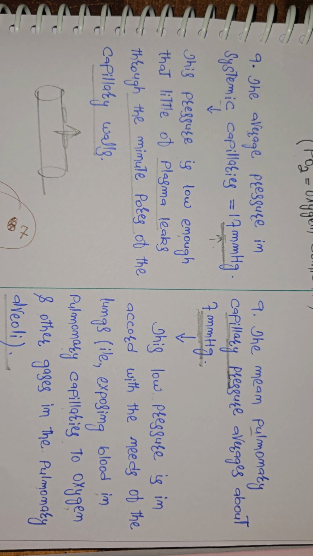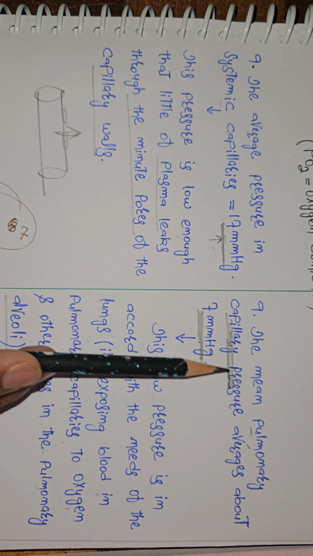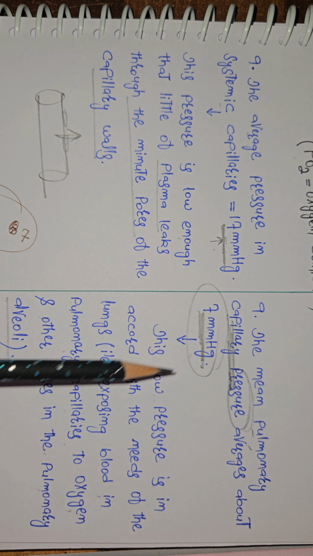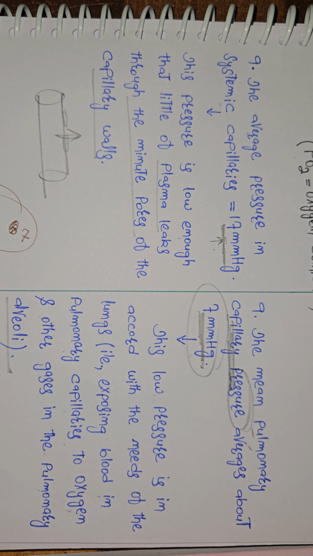For this diffusion to occur, the pressure in the pulmonary capillaries needs to be very low. So that is very low, 7 mm of Hg. So this pressure is in accord with the needs of the lungs, so that the oxygen, carbon dioxide and other gases exchange takes place at the alveoli. Clear? So these are the 9 differences between the systemic and pulmonary circulation.